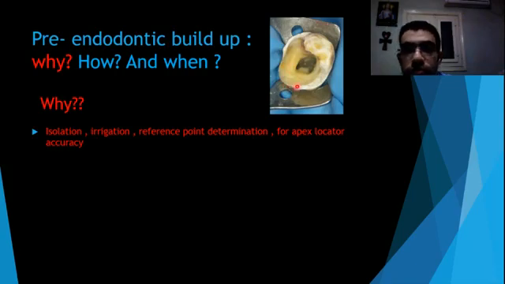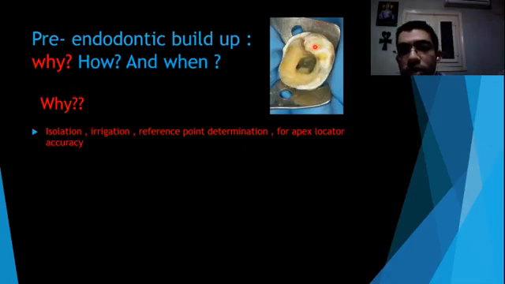And also for irrigation. First, for irrigation, in order to avoid leakage of the irrigant solution, and the most important is that during our root canal treatment, we need to have a basin of irrigation inside the pulp chamber. We need our irrigant to remain inside the pulp chamber during our shaping procedure.